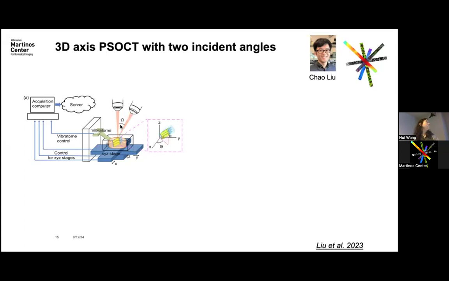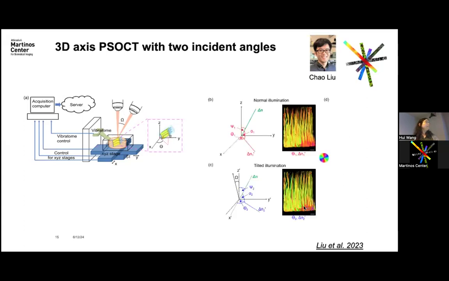The way we did that is we got another measurement with tilted illumination. We tilt the objective by a tilting angle, and then we get another optic axis in a slightly tilted plane with respect to the original optic axis plane, along with another birefringence measurement.